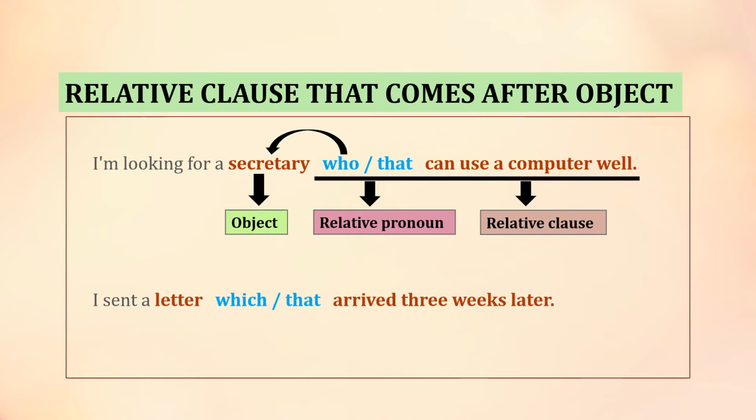If you observe the second sentence: I sent a letter which or that arrived 3 weeks later. In the place of which we can use that also here. Which or that are called relative pronouns. So I sent a letter. Letter is an object, followed by a relative pronoun. Which arrived 3 weeks later forms a relative clause. So as the relative clause follows an object, we can say relative pronoun, relative clause also.